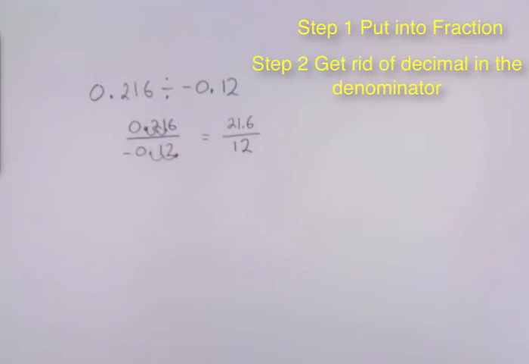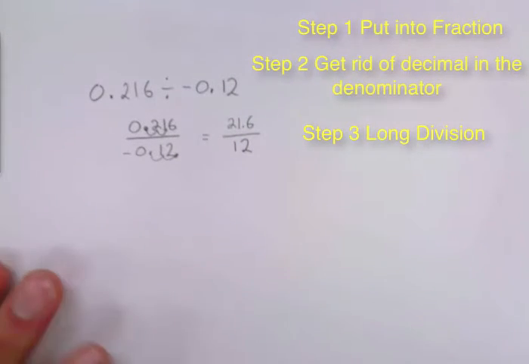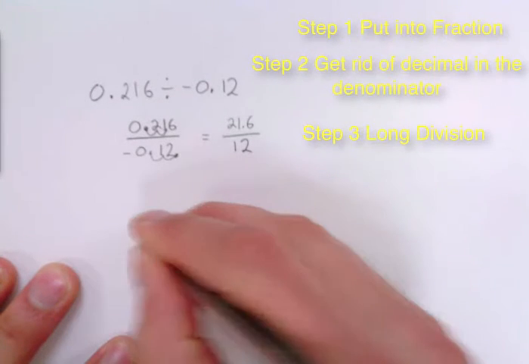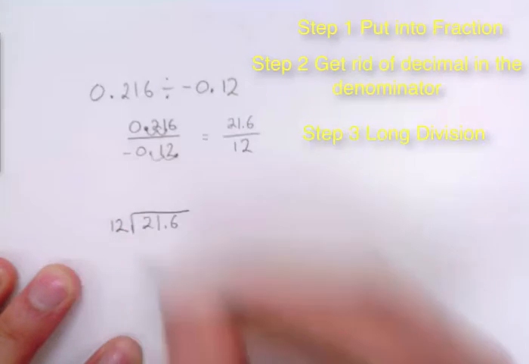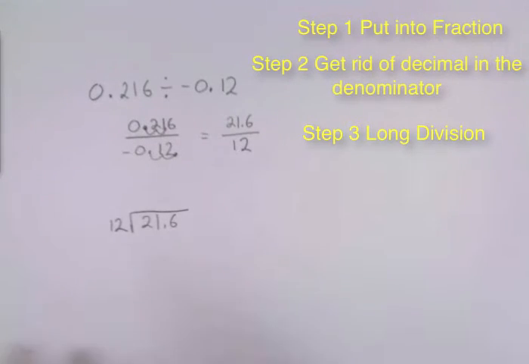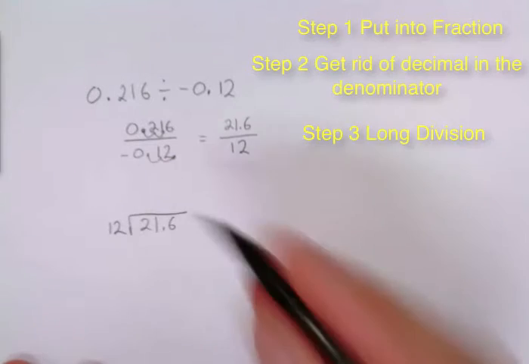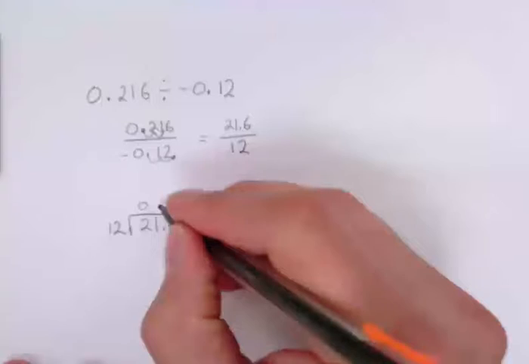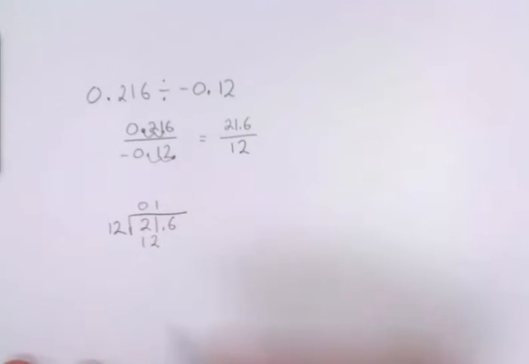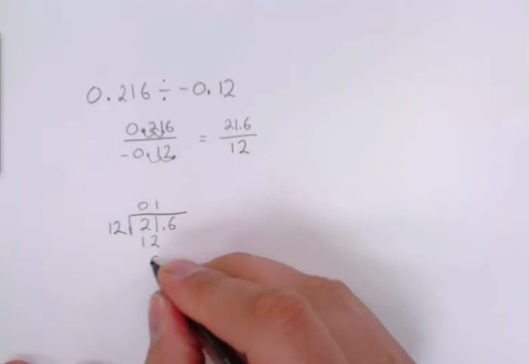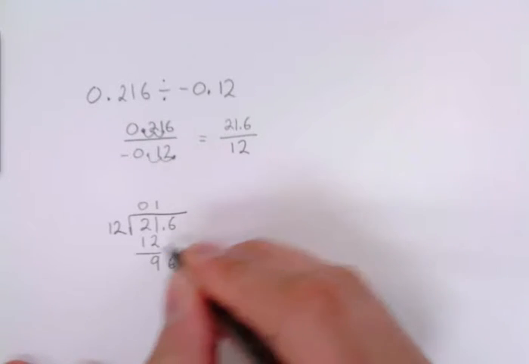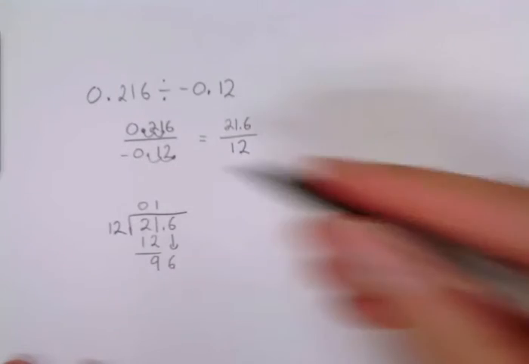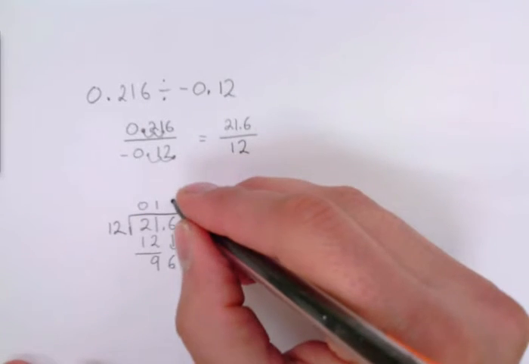Now we're just going to do our long division one more time. So I'm going to have 21.6, and we want to divide that by 12. It's always good to practice our long division. 12 goes into 2 0 times. I'm going to put the 0 there. 12 goes into 21 once. Okay? We subtract. I'm going to get 9, and then we carry down the 6. 12 goes into 96 a total of 8 times.